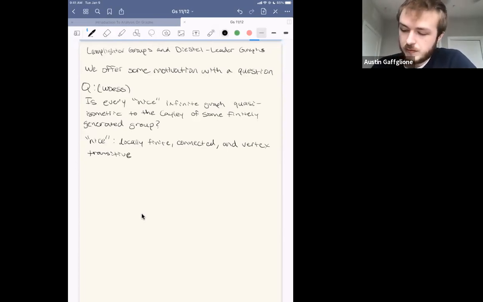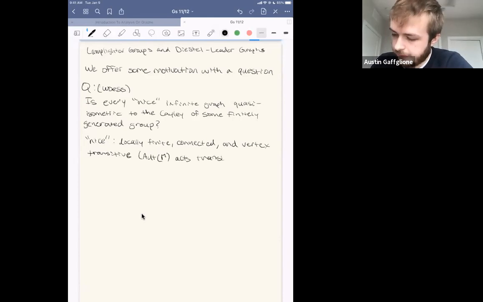And vertex transitive is something a little more technical. It means that the automorphisms of this graph, if we call it gamma, act transitively on the vertices. So if I have two arbitrary vertices, V1 and V2, for instance, I can find an automorphism of this graph that sends V1 to V2.